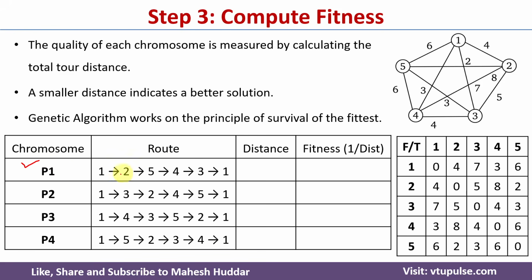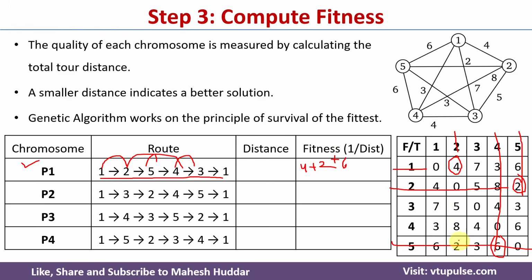For this chromosome, the route is from 1 to 2, then to 5, then 4, then 3, then 1. First is 1 to 2, the value is 4, plus 2 to 5, here the row is 2 and the column is 5, the intersection point is 2, so plus 2. Then 5 to 4, the intersection is at 6, plus 6.